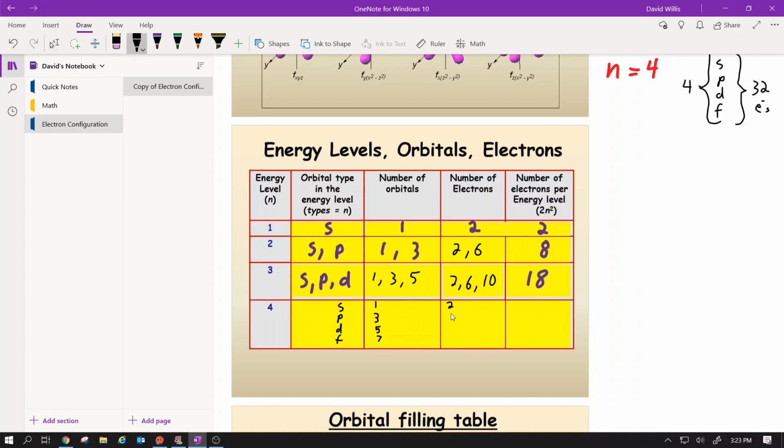If you've got 3, you can take 6. If you've got 5, you can take 10. And if you've got 7, you can take 14. And all of that adds up to a whopping 32. And what I want you to know is 5, 6, and 7 are repeats of 4.